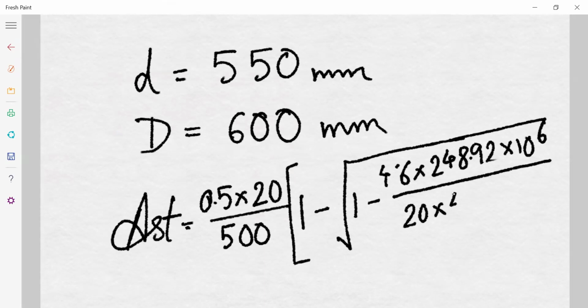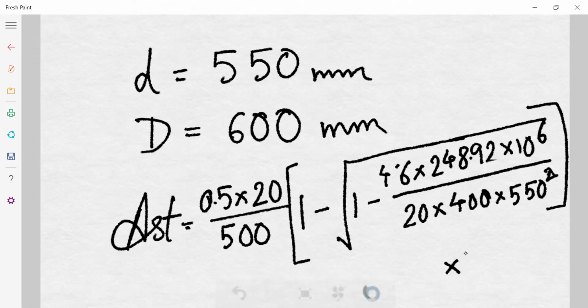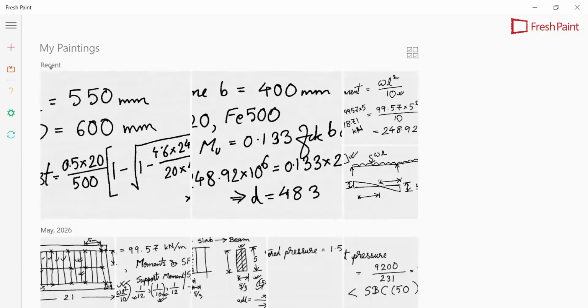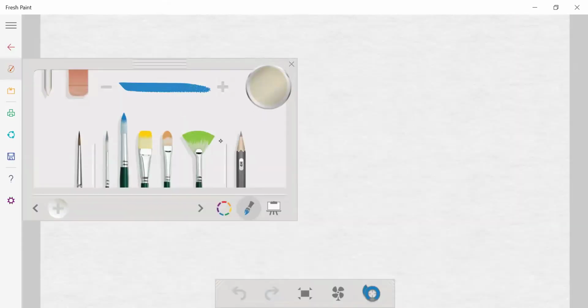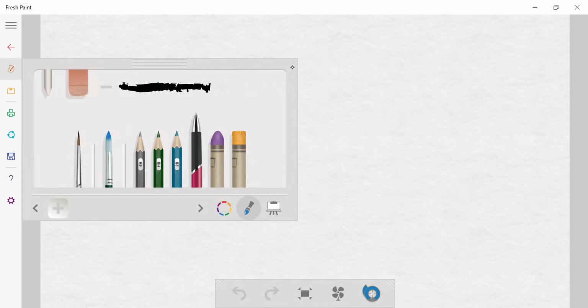FCK is 20, B is 400, D square is 550 square, into BD, so 400 into 550. After doing the calculation, see how much AST you will get.